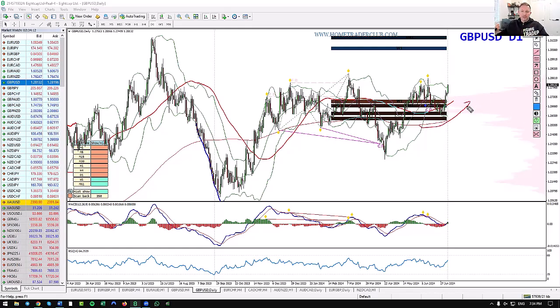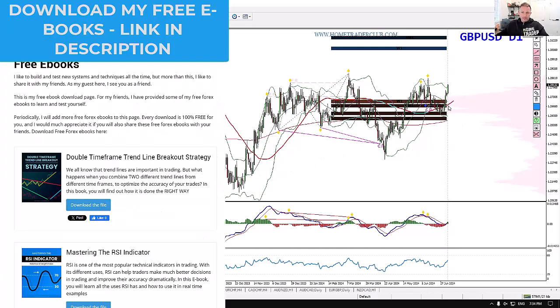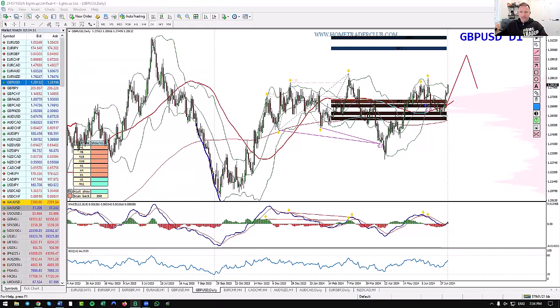Look at the moving averages combination here, the 50 and the 200, maintaining the bullish slope and bullish momentum as well. The way it looks to me at the moment, the pound dollar is going for the next rally here, potentially for new weekly highs, with the break and close above this range.